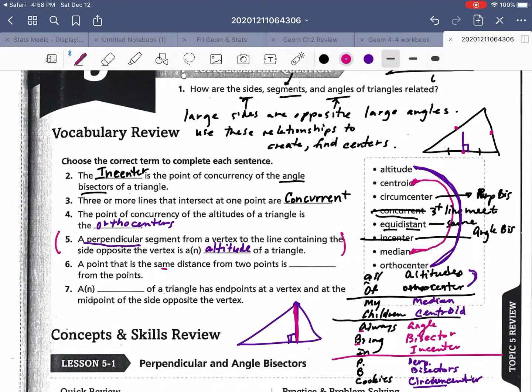A point that's the same distance from other points is equidistant. A blank of a triangle has endpoints at a vertex and at the midpoint. That's the definition of our median. If we find the middle and trace it to the opposite vertex, those are all medians.